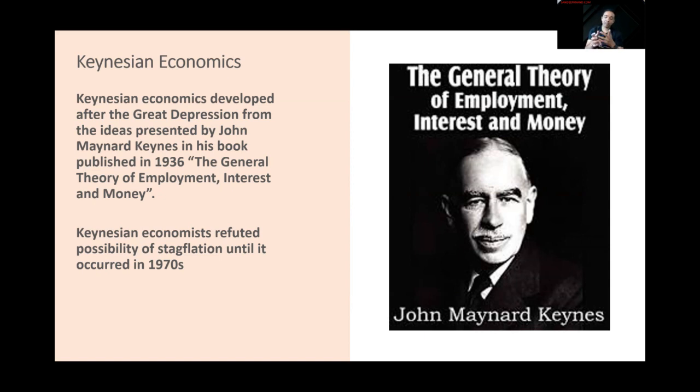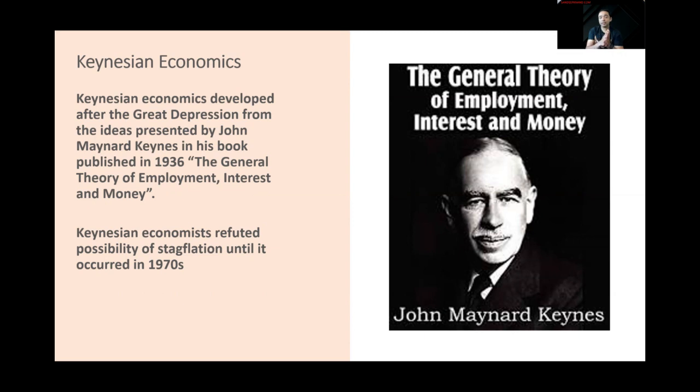It came into existence after the Depression and during the World War time. And the ideas presented by Keynes in this book were propagated and made into Keynesian economics. And there are a lot of economists following this Keynesian economics.